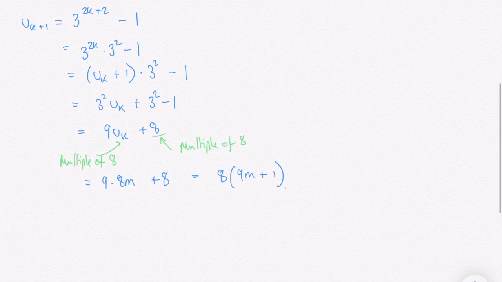So what have we done? We have shown that if n equals 1, un is a multiple of 8.